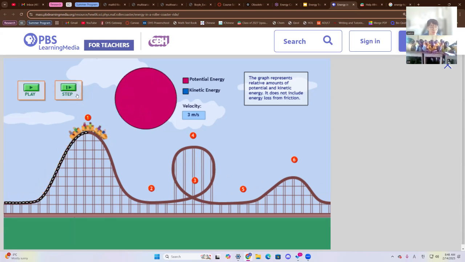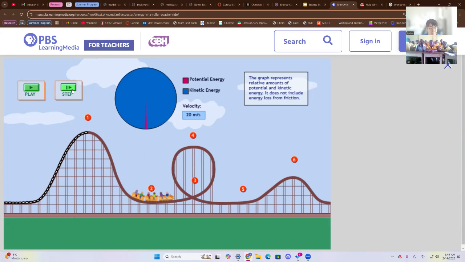Here's the first step. So this has 100% potential energy because it's high on top. And then let's go to the next step. This goes down over here. So all the stored potential energy gets converted to kinetic energy as it goes down the hill.